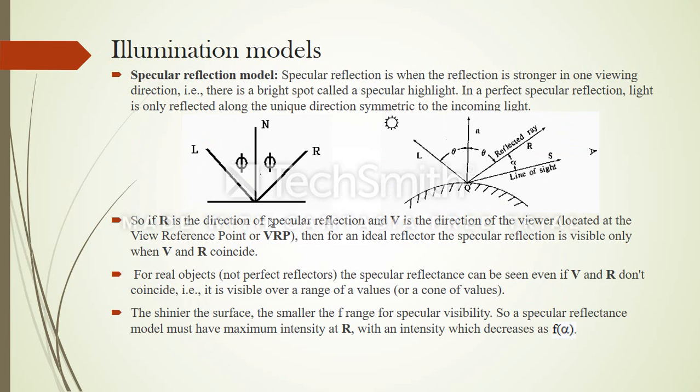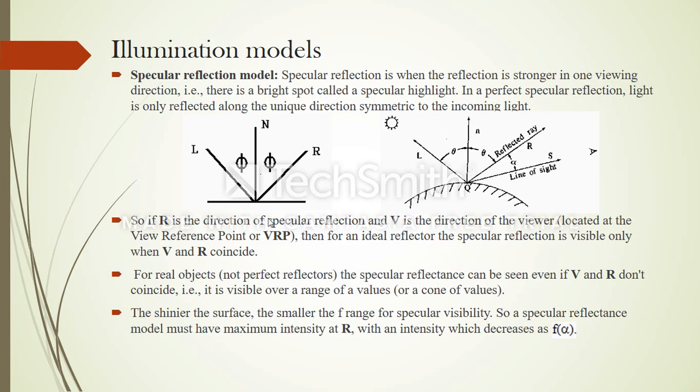Specular reflection model. Specular reflection is when the reflection is stronger in one viewing direction, that is, there is a bright spot called a specular highlight. In a perfect specular reflection, the light is only reflected along a unique direction symmetric to the incoming light.